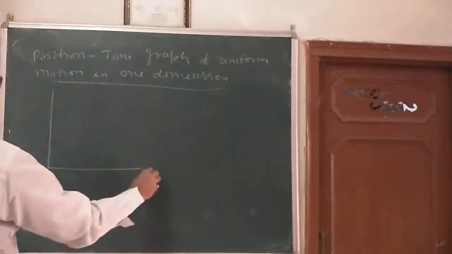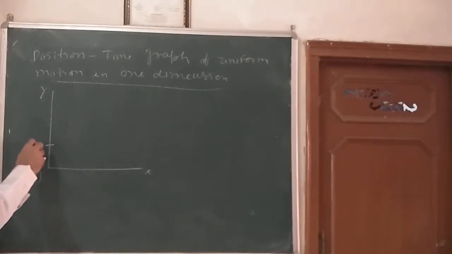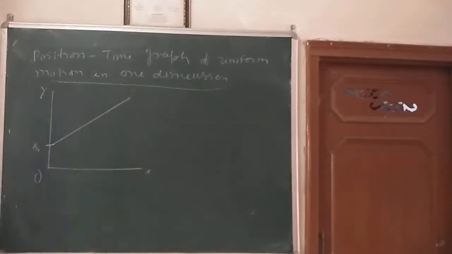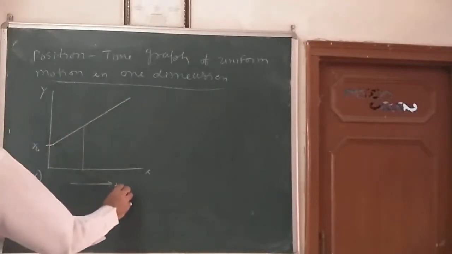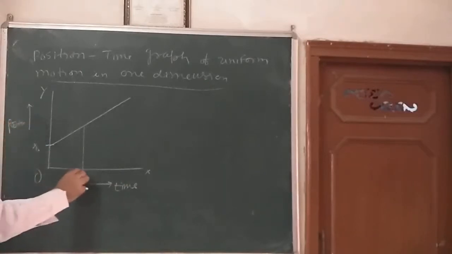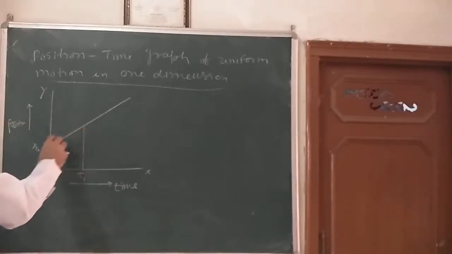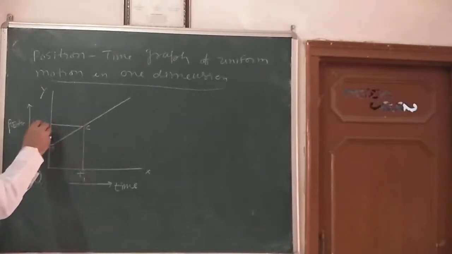Here is the x-axis and here is the y-axis. This is the origin. Say the starting point here is x naught, and the body is moving something like this. At a time t1, suppose the particle reaches a point C, and the distance here is x1.